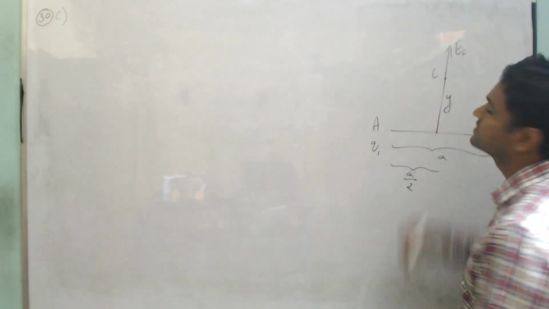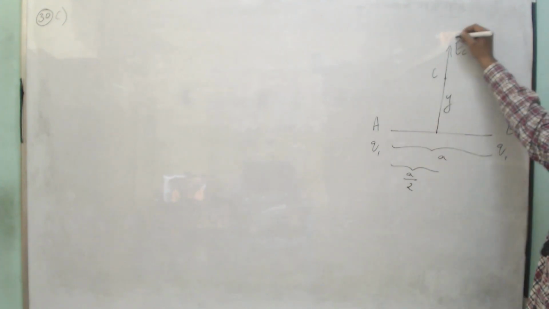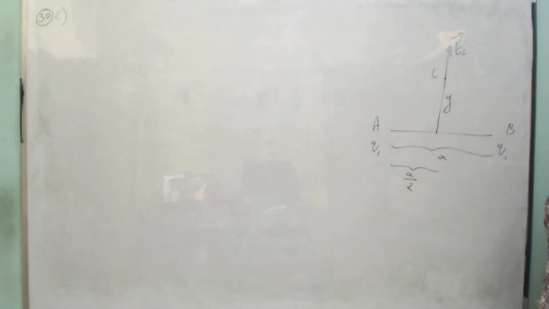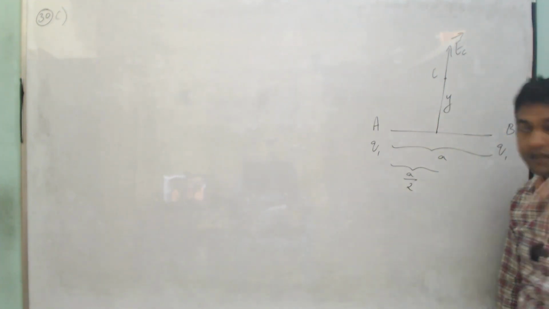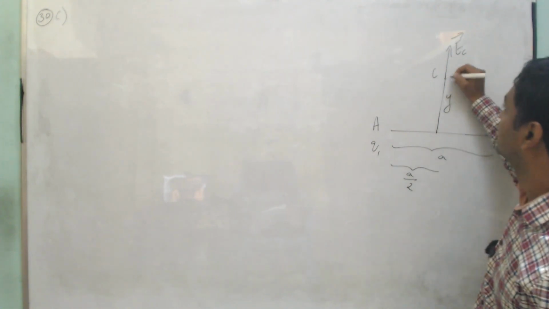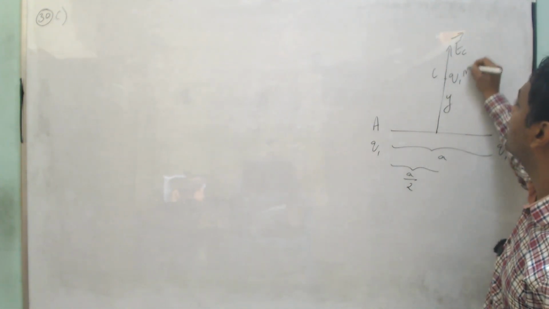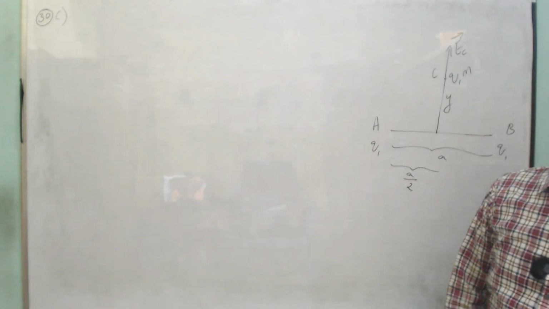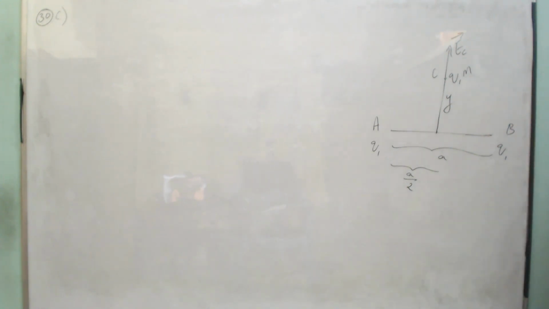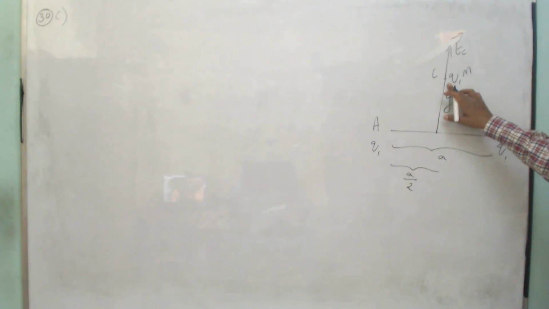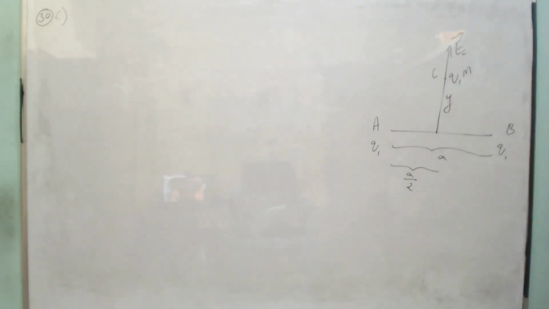We say it is EC bar, which we wrote just now. We know what that electric field is. If I place a charge Q having a mass M at point C, now what will happen?